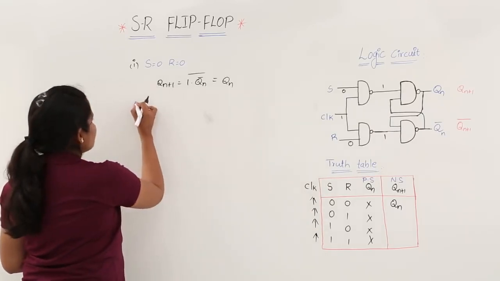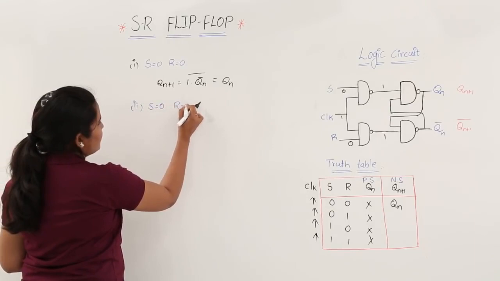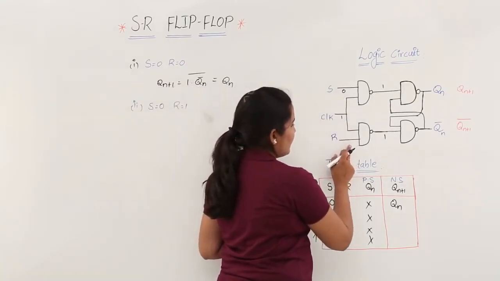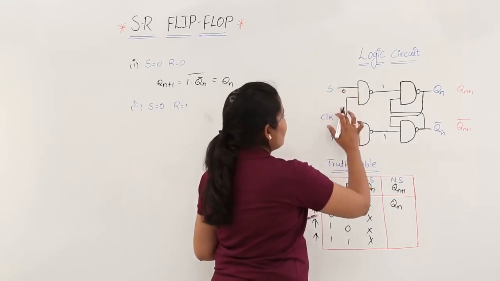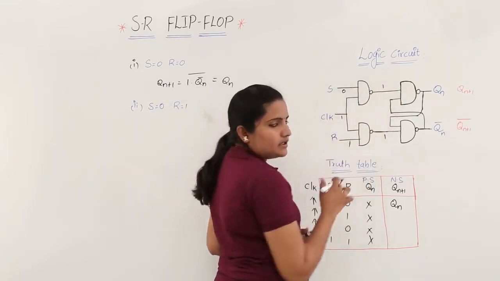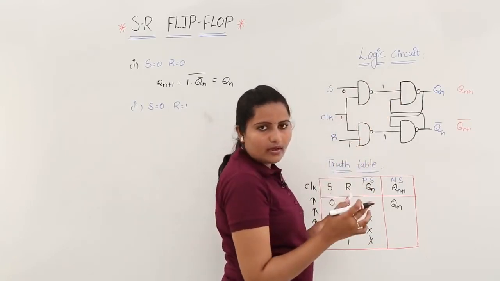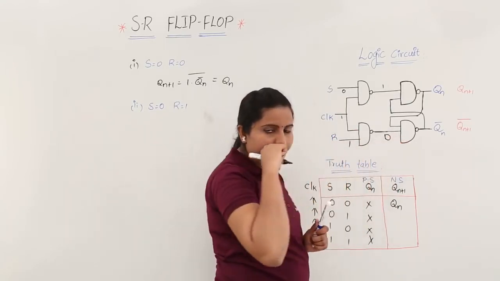My second condition is S equal to 0 and R equal to 1. If you give S equal to 0 and R equal to 1, then 0 into 1 whole bar gives 1 again, but here 1 into 1 whole bar, 1 bar will come, that means here you will get 0 in place of 1.